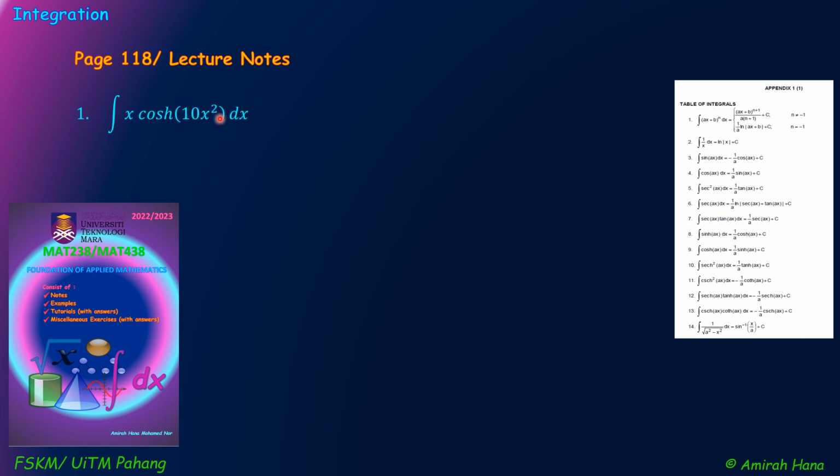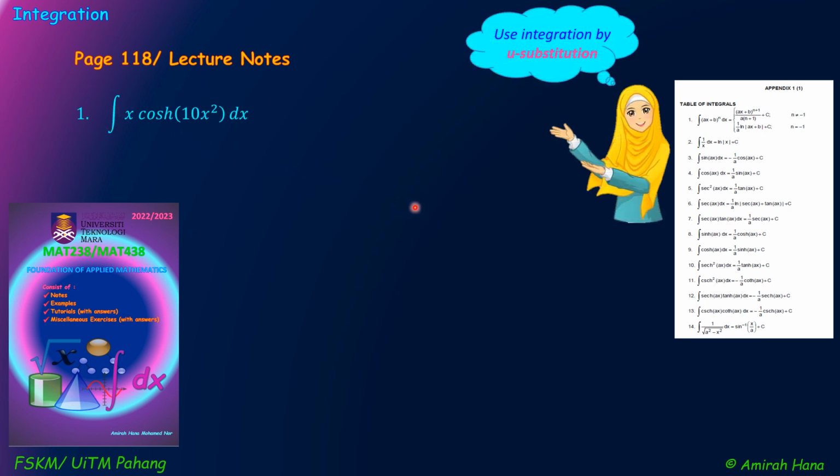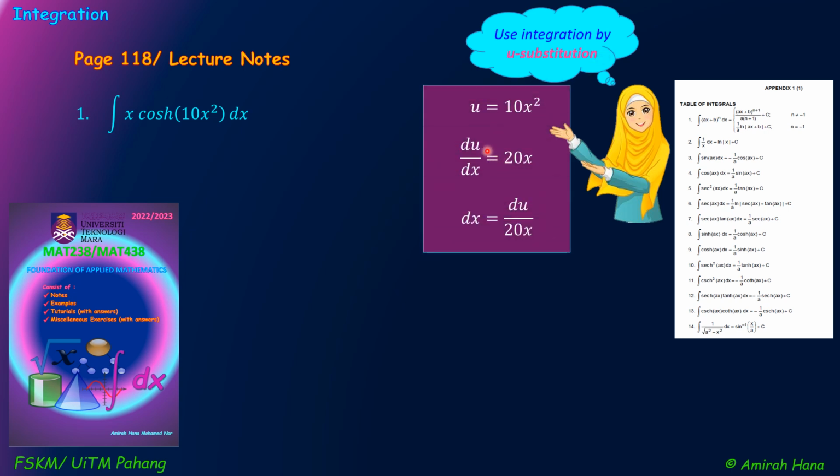Okay, so to integrate this question, we can use integration by u substitution. Our u equals to 10x squared. Every time after we identify u, we should find du over dx. Kita differentiate ni, so we have 20x, and then we write dx as a subject.